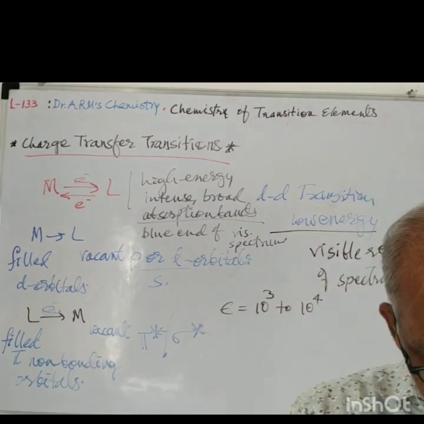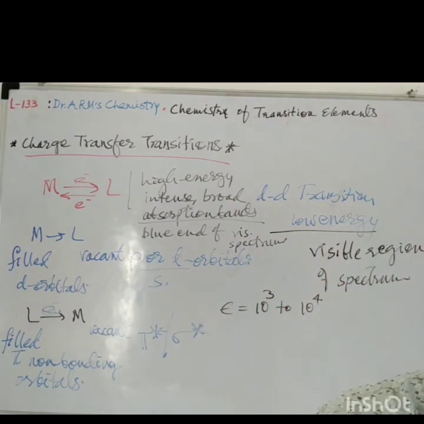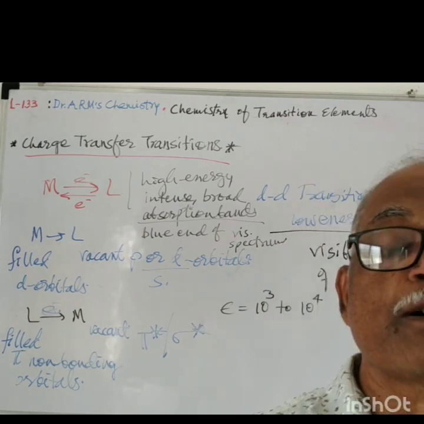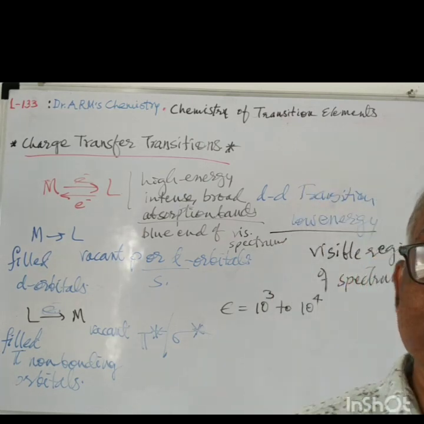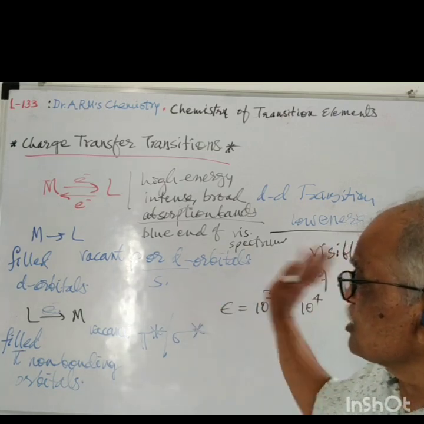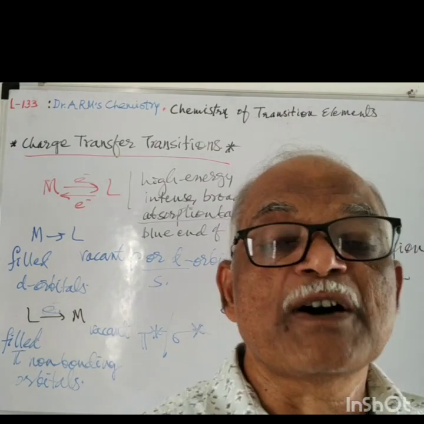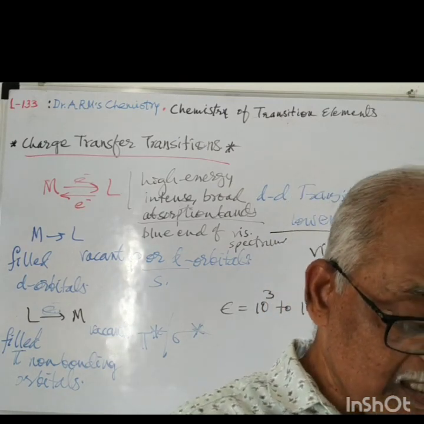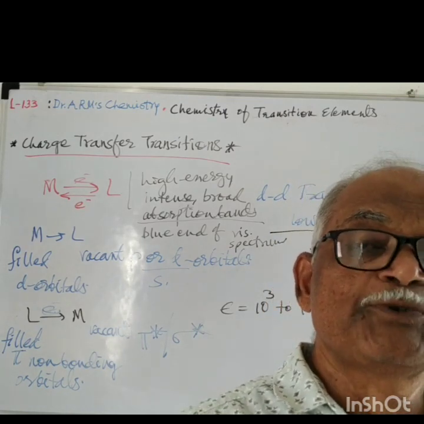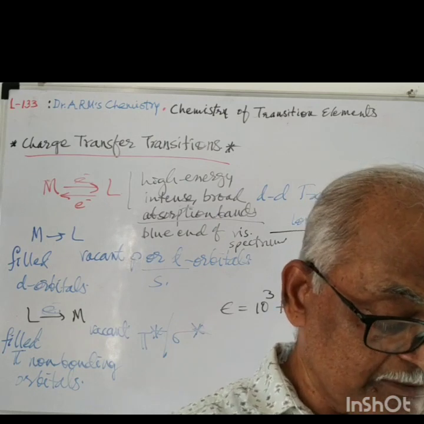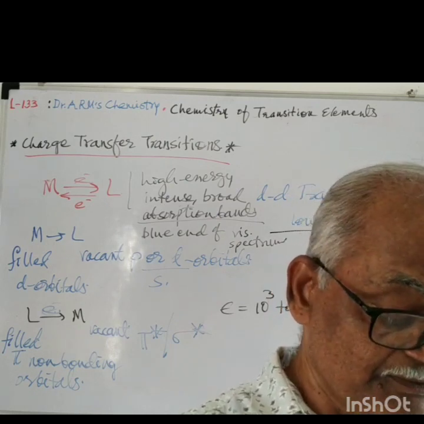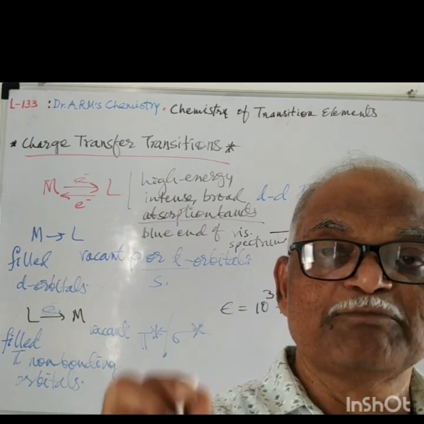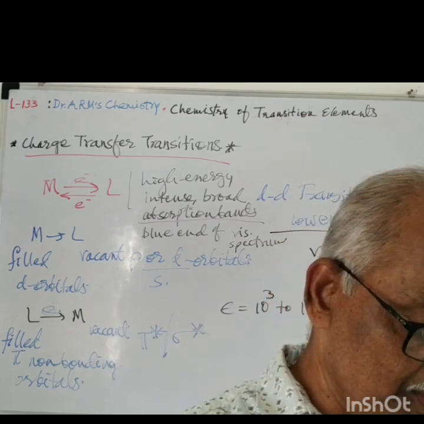Many such transitions are also forbidden because these are weaker. But most of the transitions are observed, while a few remain forbidden because they are weaker, and these are mainly covered by the intense and broad bands of charge transfer transitions.